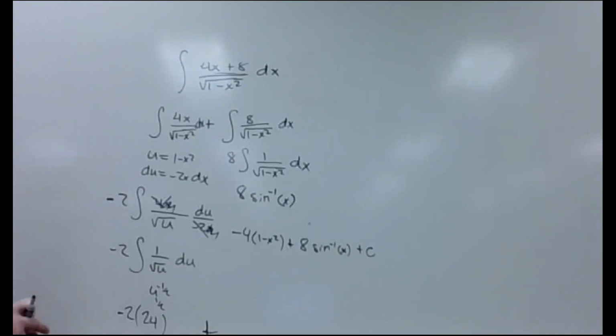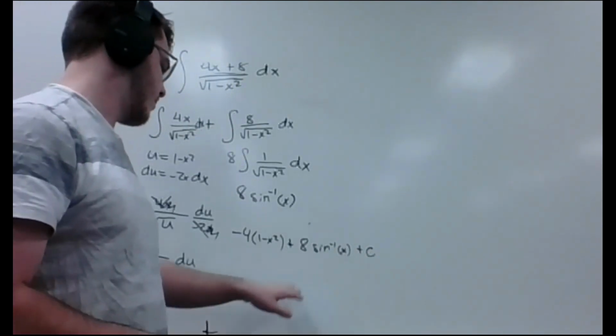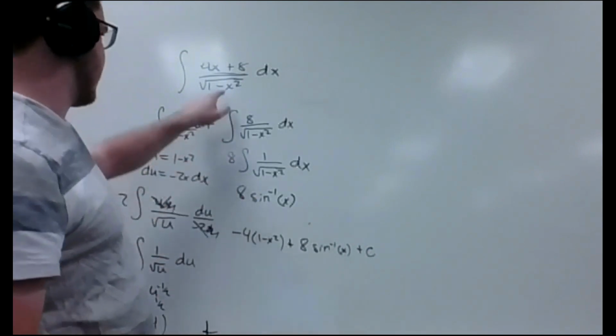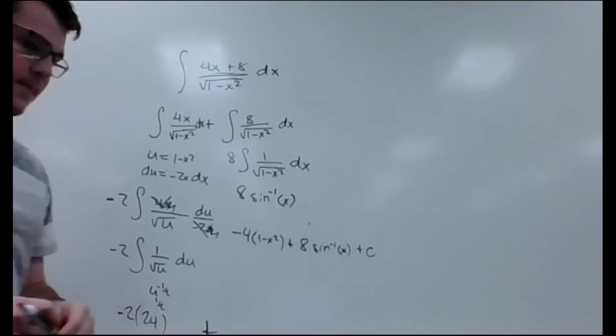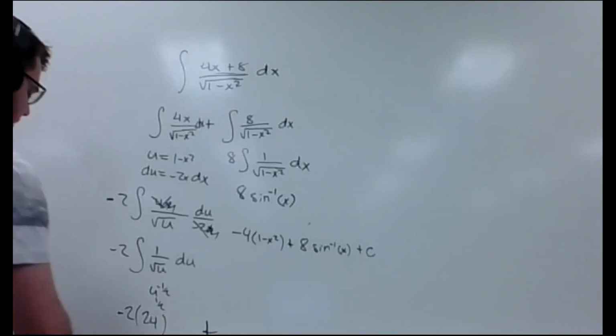So out of these types of integrals, I would definitely brush up on inverse trig functions and the rules associated with those, and I guess the algebraic tricks of completing the square and just splitting stuff up like this. So those are very helpful.